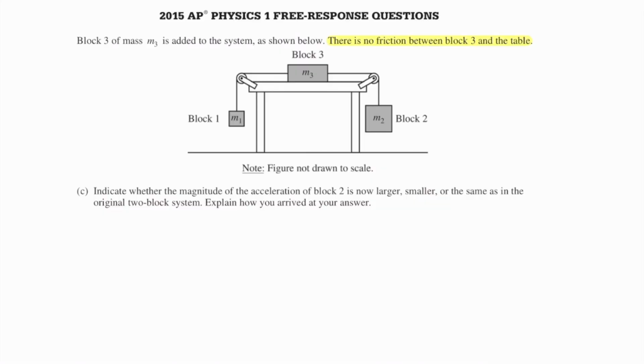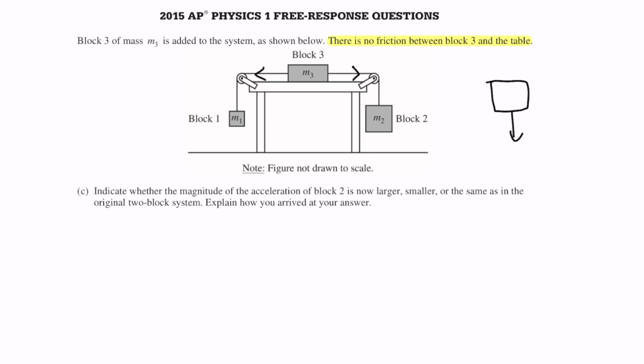Now moving on to question C, which says that hypothetically, block 3 of mass m3 is added to the system, and there is no friction between block 3 and the table. So let's go ahead and see what forces are acting on block 3. We know that there is a tension force pulling in both directions on block 3, and that would mean it would cancel out.